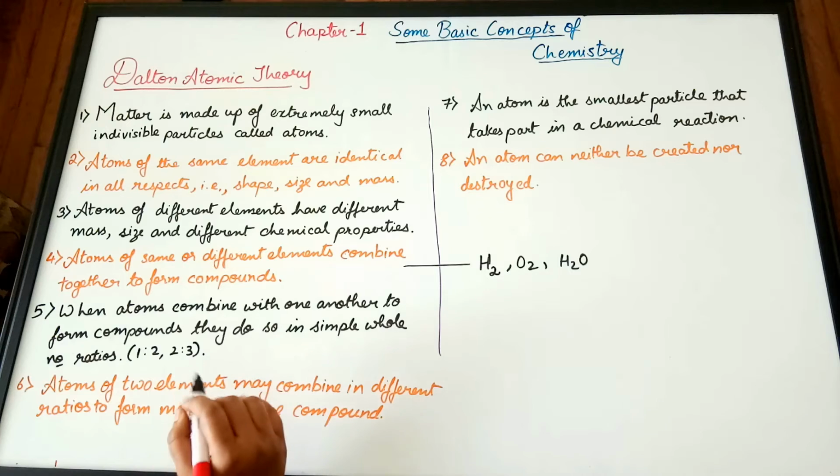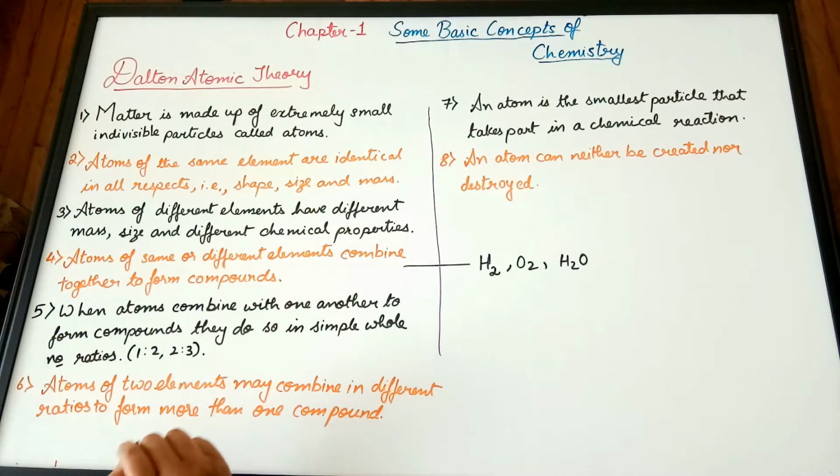And this is exactly what we had studied in our law of constant composition. Irrespective of where you get the particular compound from, the ratio of the elements will be the same. The sixth one says atoms of two elements may combine in different ratios to form more than one compound.